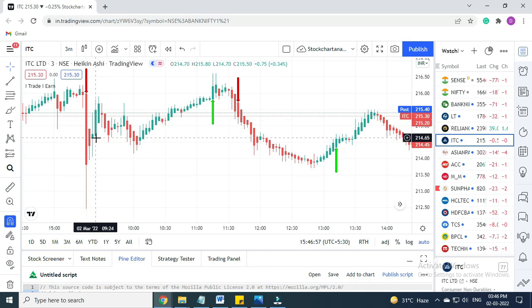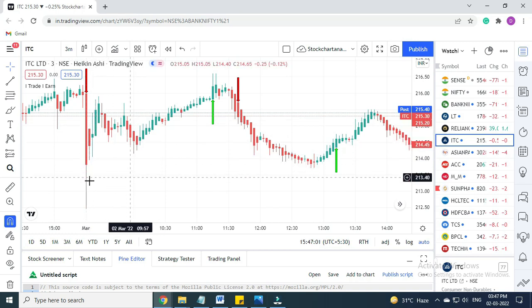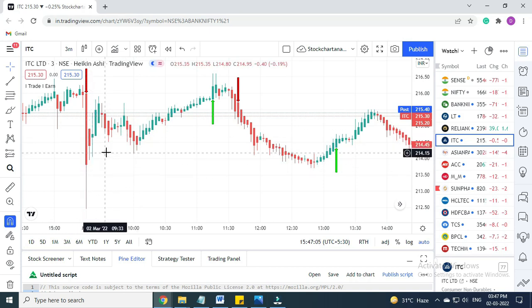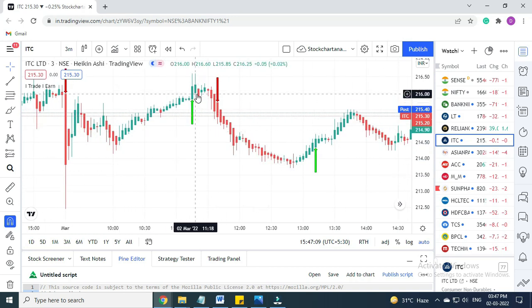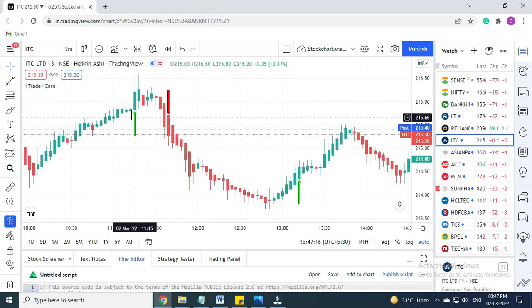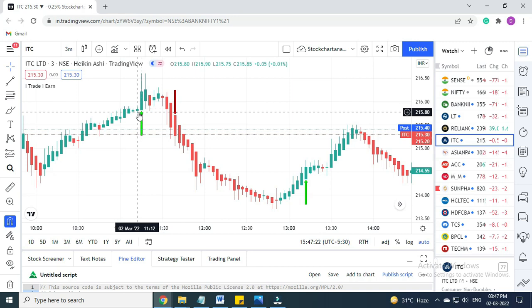In ITC we have received a sell signal here in the morning, but no trade happened here because none of the closing prices of the candles were lower than this. Then we have a buy signal, but no trade happened here. Why? If you see the stop loss candle, the low of the previous candle is the stop loss.